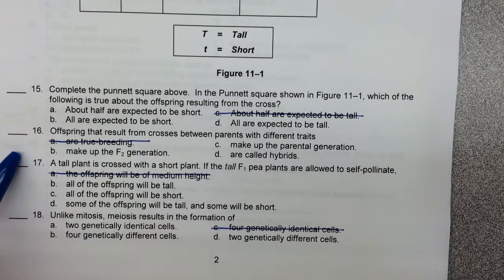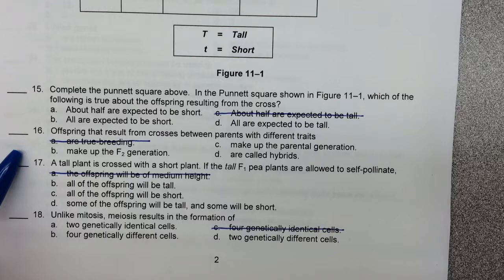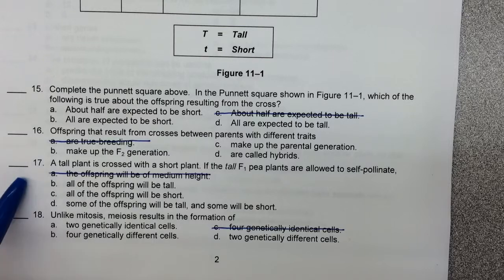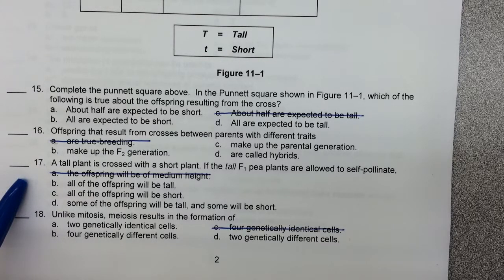Number 16, offspring that result from crosses between parents with different traits. B, make up the F2 generation. C, make up the parental generation. Or D, are called hybrids. Number 17, a tall plant is crossed with a short plant.